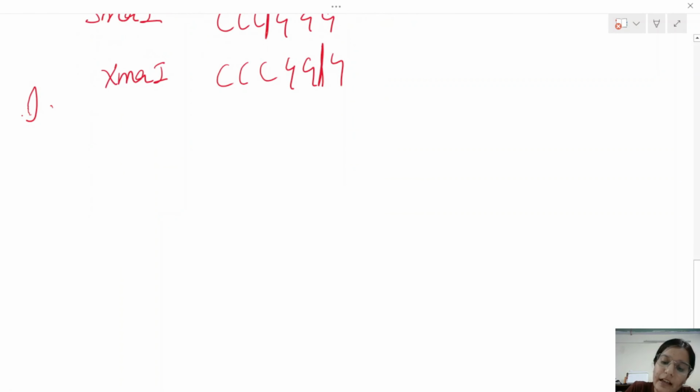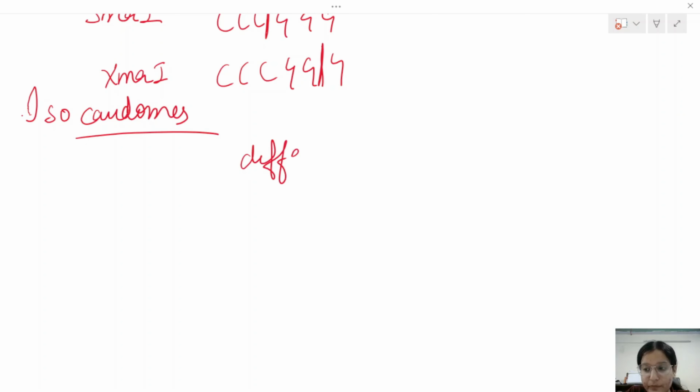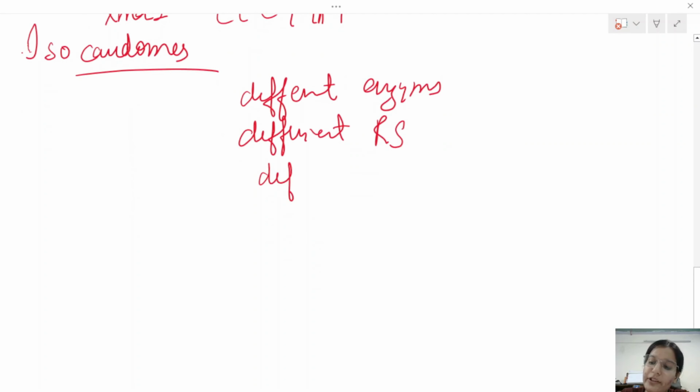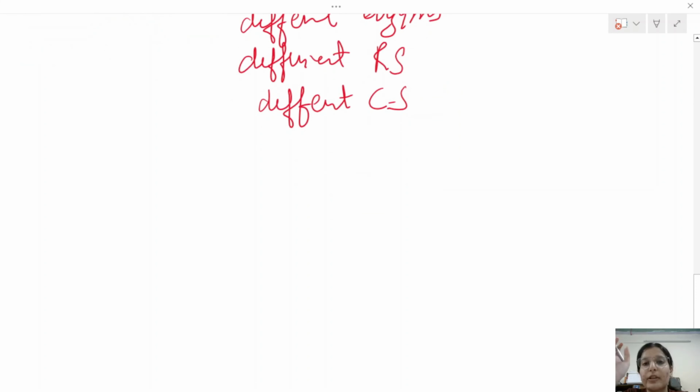Next term is isocaudomers. They are different enzymes. They have different recognition sites, and their cutting sites are also different. So they produce cohesive ends.